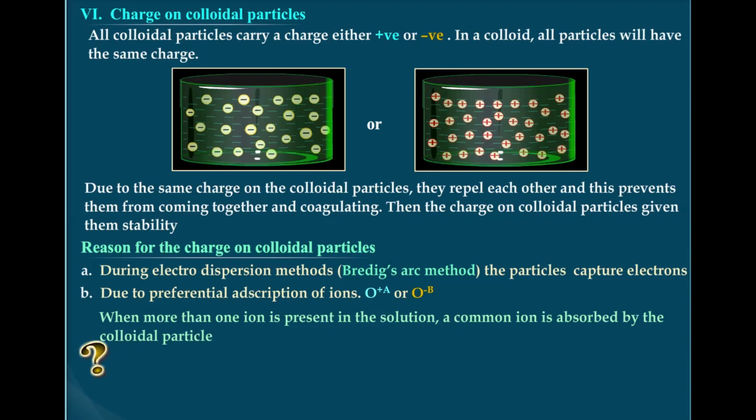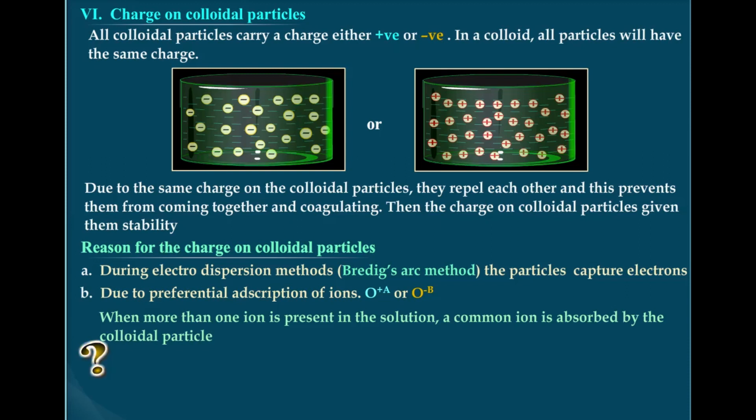That is, the fixed layer is formed first, and second, it adsorbs the counter ions from the solution, so an oppositely charged layer is also adsorbed. There are two layers formed.